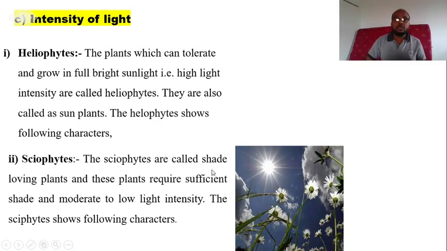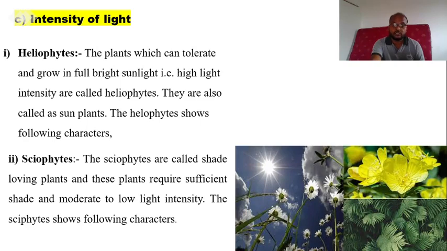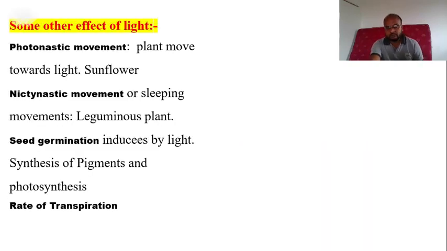So here this is the sciophyte, that is the intensity of light. Then there are three aspects of light, that is quality of light, duration of light, and light intensity. There are some events in the plant which are also affected by light, that is photonastic movement. Photonastic movement means some plants move their branches toward the light.